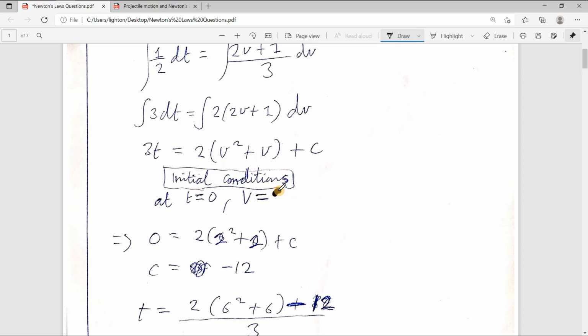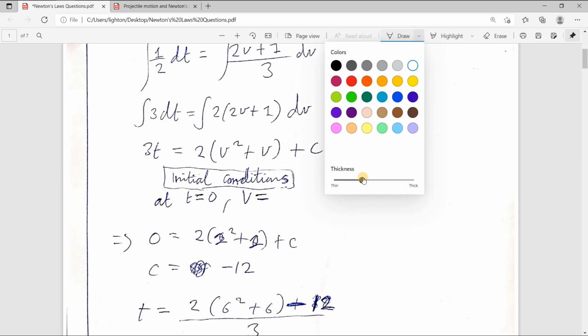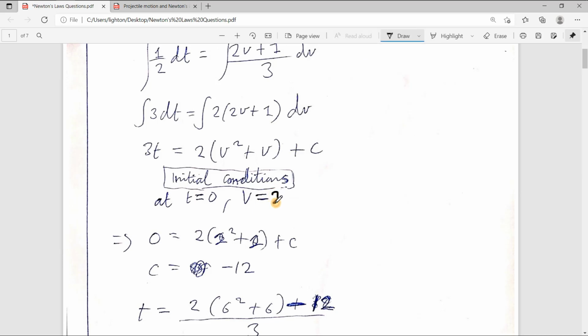So this should be 2 meters per second. Yes, like that. So this is what we have.